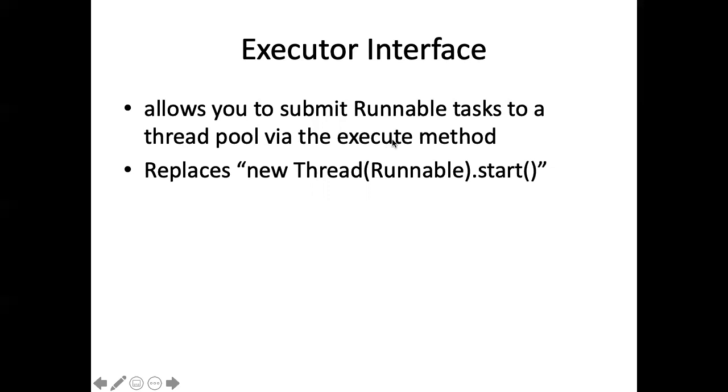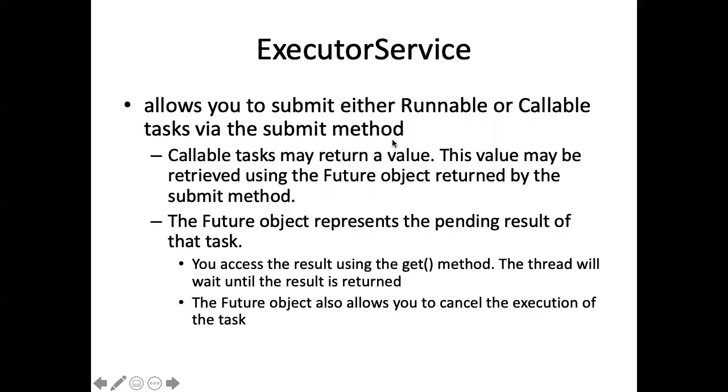Okay, so before I show you the thread pools in action, it's just a little more interesting if you can actually return a value. So these runnable tasks are like voids. They can't return any value. Sometimes you want a task to be able to return a value. So for that, you can create a callable task. And then you're allowed to return a value.